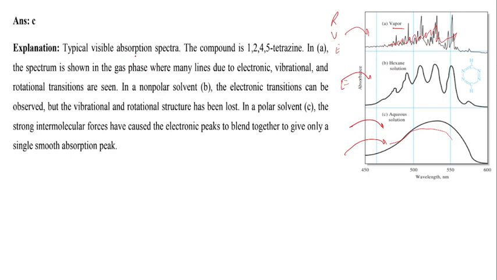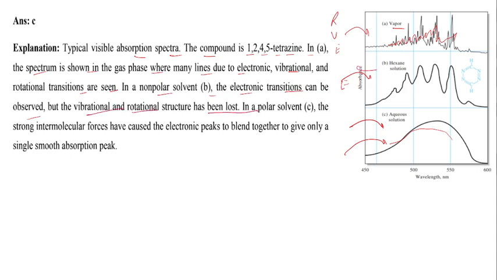Typical visible absorption spectra of the compound 1,2,4,5 tetrazine are shown. The spectrum is shown in the gas phase, where many lines due to electronic, vibrational and rotational transitions are seen. In non-polar solvent B, the electronic transition can be observed, but the vibrational and rotational structure has been lost.